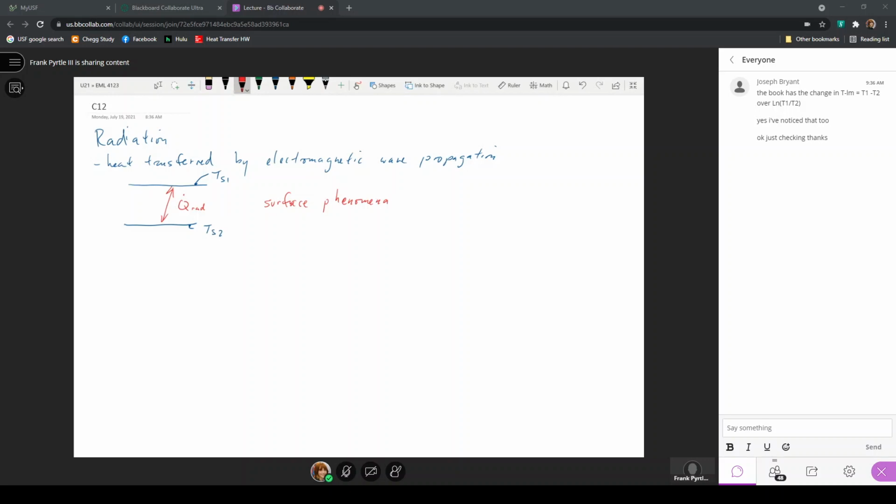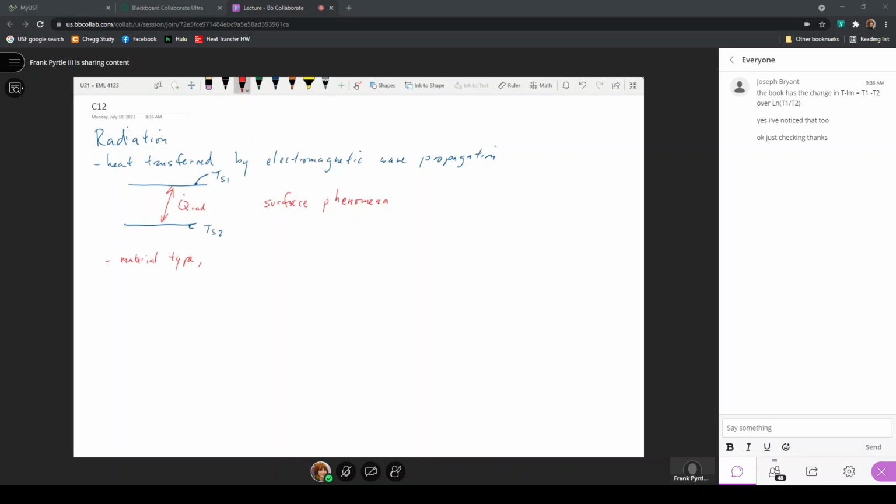And with it being a surface phenomenon, the conditions of the surface are going to greatly affect what the expressions of the heat transfer rates will be. And when we're considering radiation, we have a multitude of factors to consider. We have to consider the material type. Is it a metal? Is it wood? Is it a plastic?